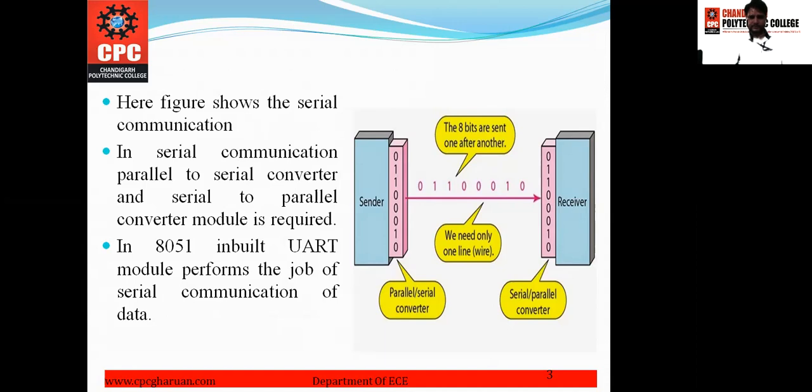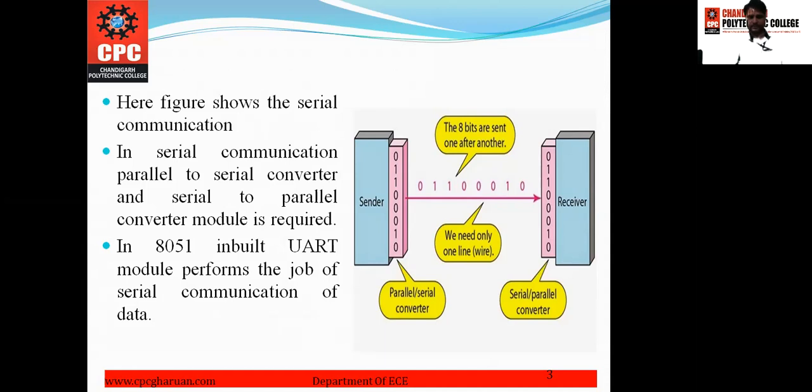This function we can take from the UART, the universal asynchronous receiver transmitter. It performs both parallel to serial and serial to parallel conversion. In 8051, we know that an inbuilt UART is available that performs the job of serial communication of data.